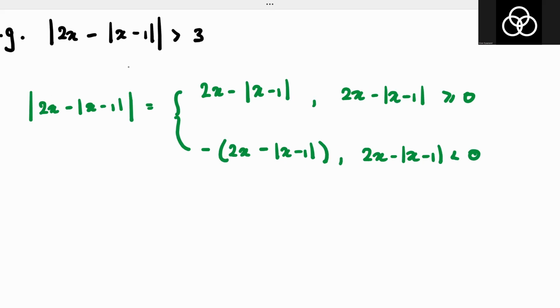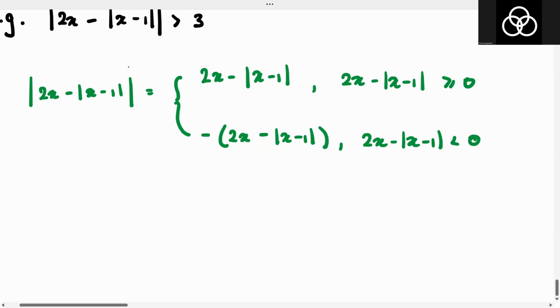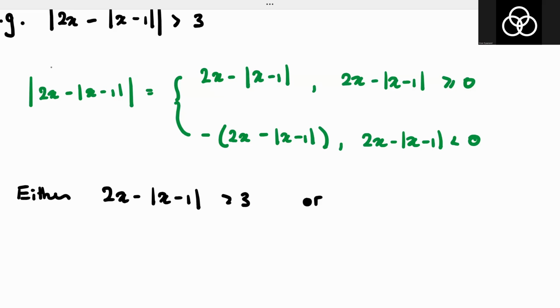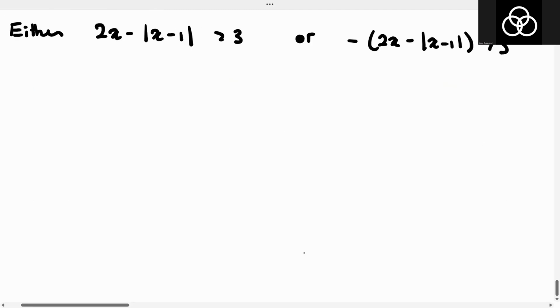So it is obviously tricky to find the exact value of x over here, right? So let's see what's going on. We have either this first case, so either 2x minus |x − 1| is greater than 3, or minus (2x minus |x − 1|) is greater than 3.